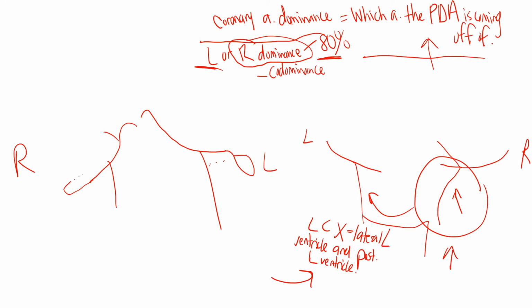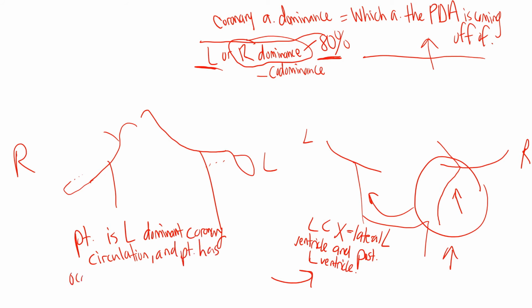So how this is set up in a question is they'll tell you that the patient is left dominant, left dominant coronary circulation. It doesn't matter how they write it. Basically, they're going to tell you they're left dominant. And the patient has an occlusion of the left circumflex.